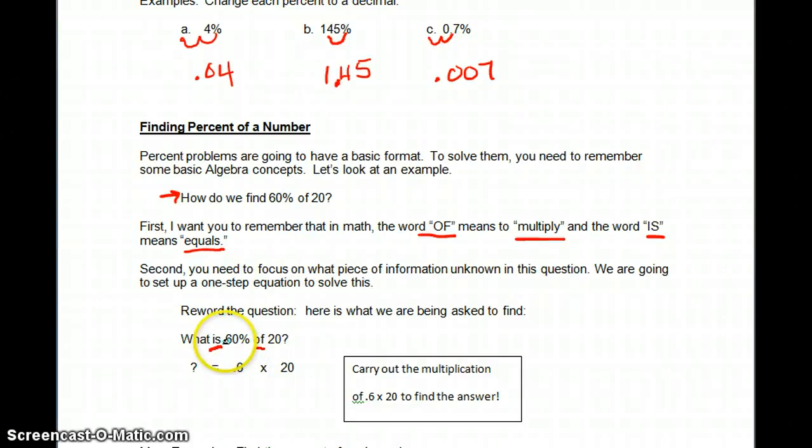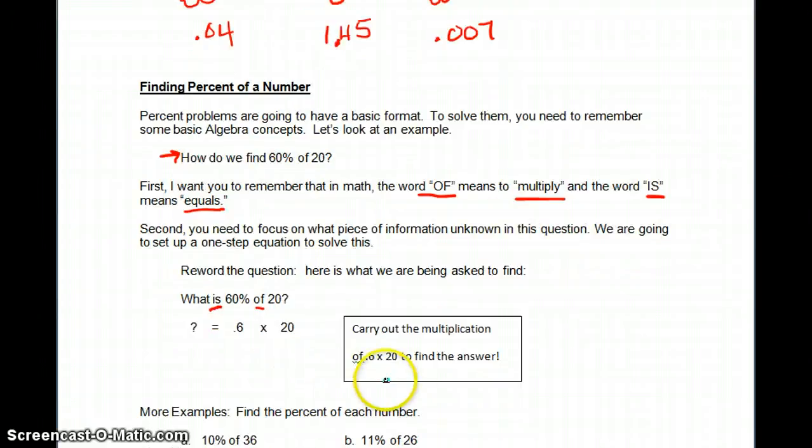So moving that decimal point 2 places to the left gives us 0.6. So now I have my what is 0.6 of 20. I just have to carry out the multiplication of 0.6 times 20 to find the answer.